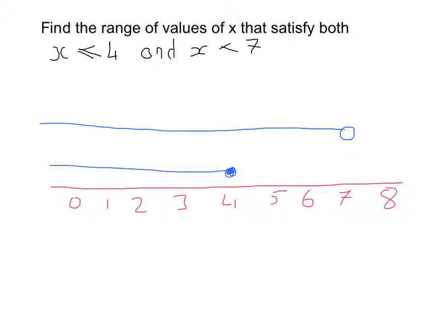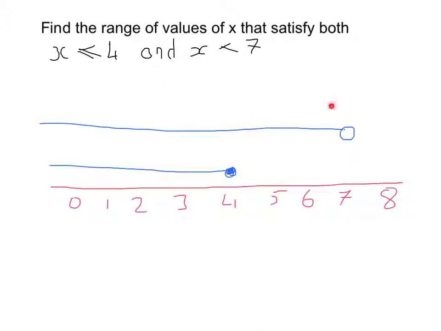Now, looking at this little area here, so for instance the numbers 5 and 6, well, 5 does satisfy the inequality x is less than 7, as 5 is less than 7. However, it does not satisfy x being less than or equal to 4, because 5 isn't less than 4.